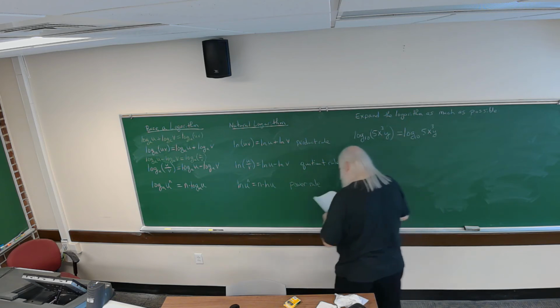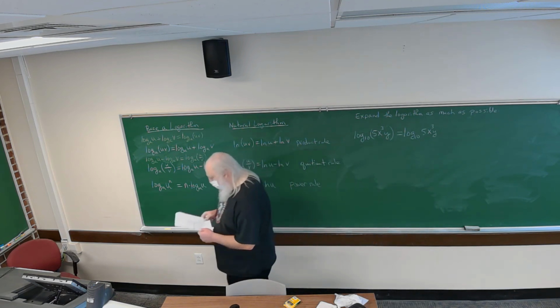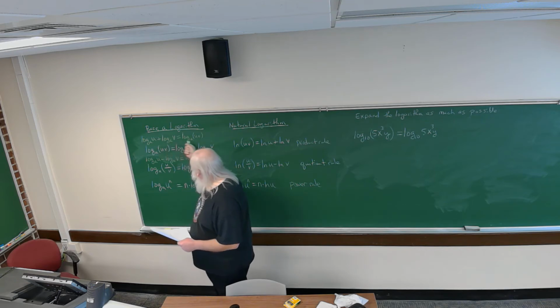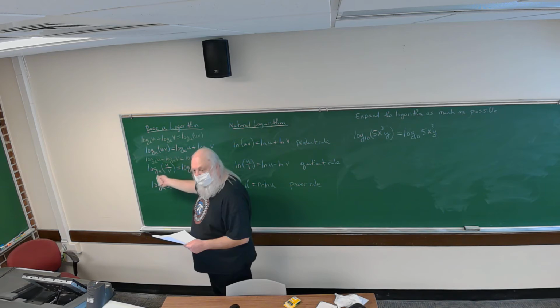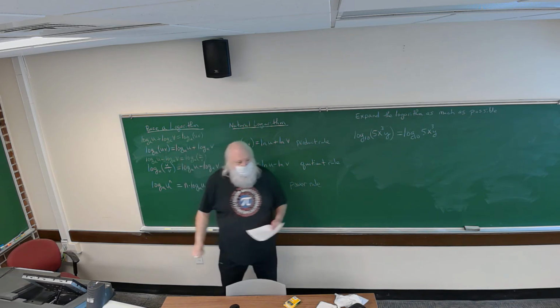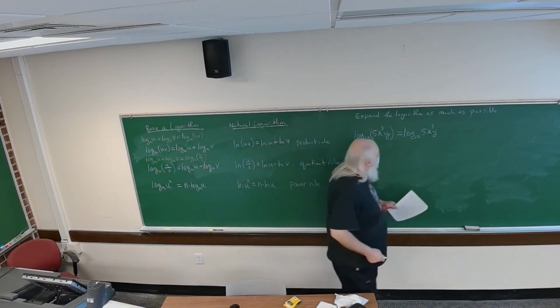Well, the product rule extends to more than a product of two numbers. It extends to a product of 3 numbers, 4 numbers, 5 numbers, 6 numbers, 7 numbers, and so forth.